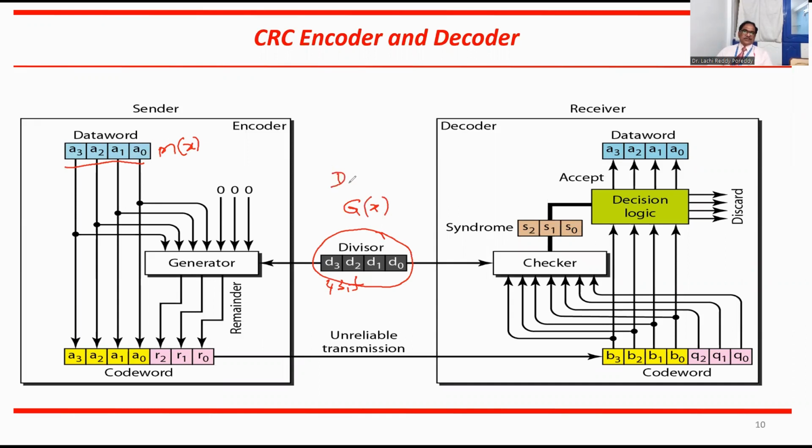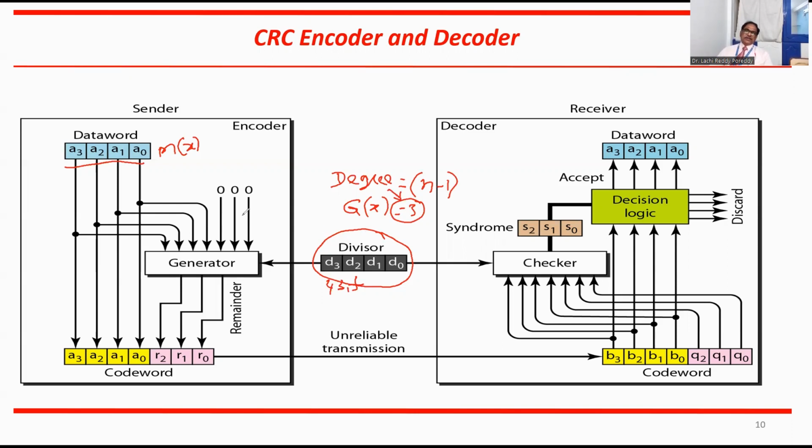Here the degree is the number of bits n minus 1. So the number of bits is 4 minus 1, so the degree of g of x is 3.